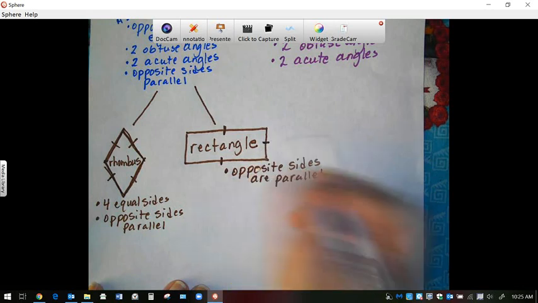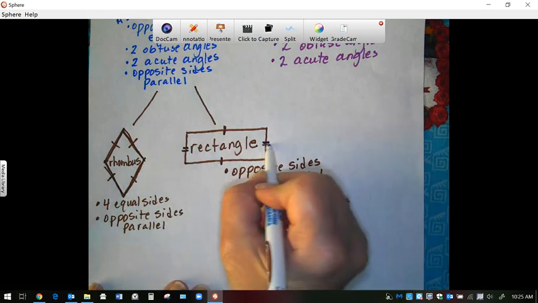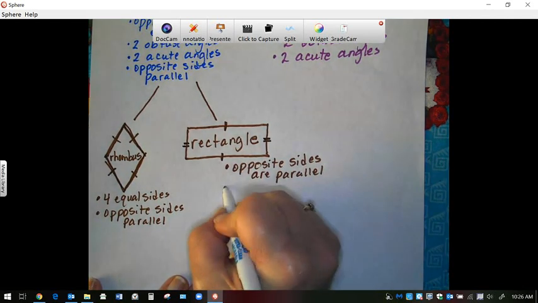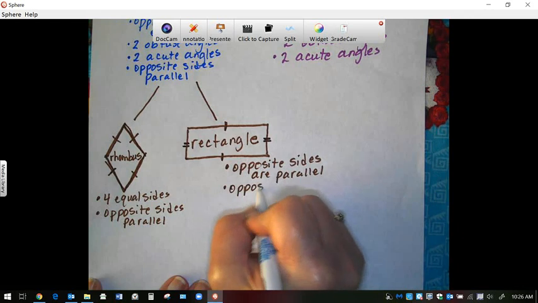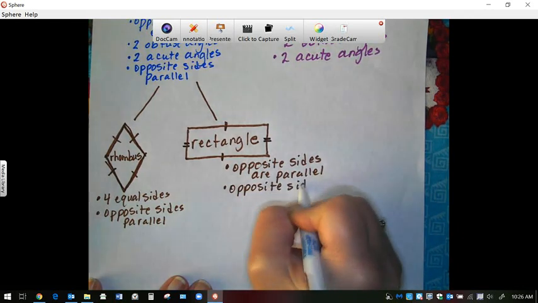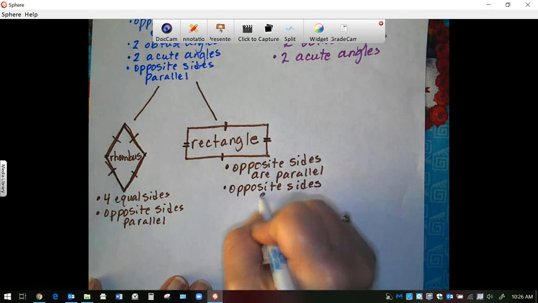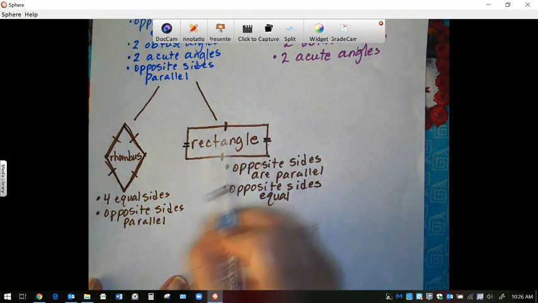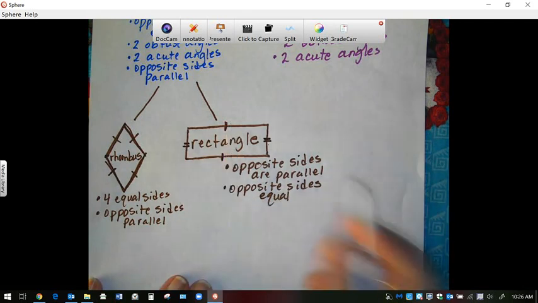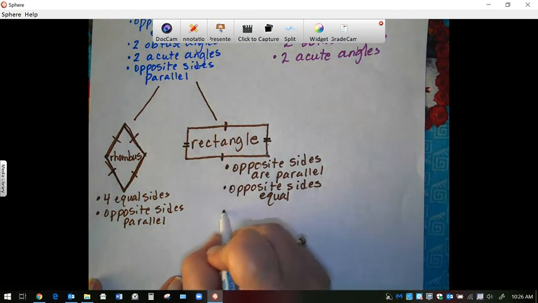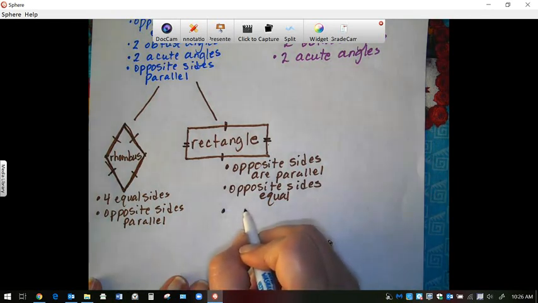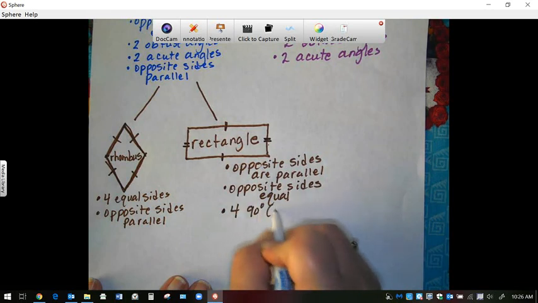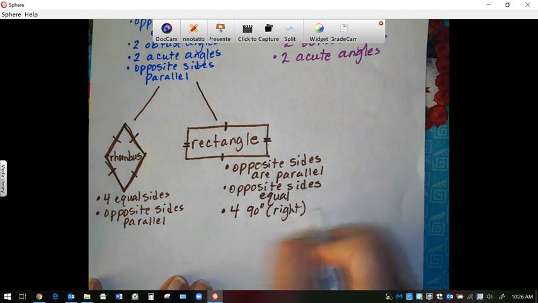The right side is parallel to the left side. Okay? Opposite sides are equal. The right side is equal to the left side. The top is equal to the bottom. And for the angles, it has 4 90-degree, which are right, angles.